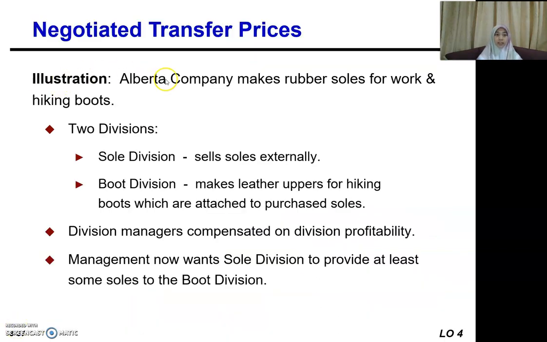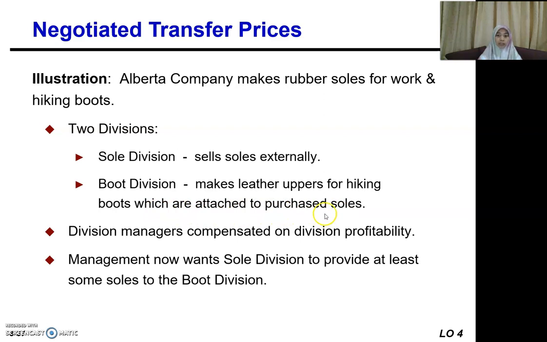As an illustration, Alberta Company makes rubber soles for work and hiking boots. Alberta Company has two divisions: the sole division and the boot division. The sole division sells soles externally, while the boot division makes leather uppers for hiking boots which are attached to purchased soles.